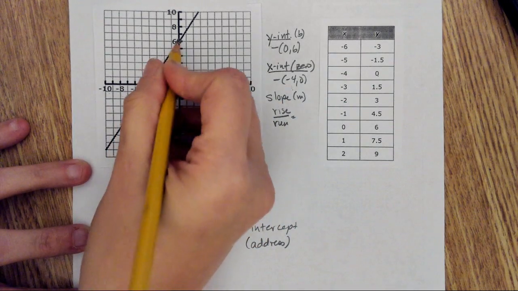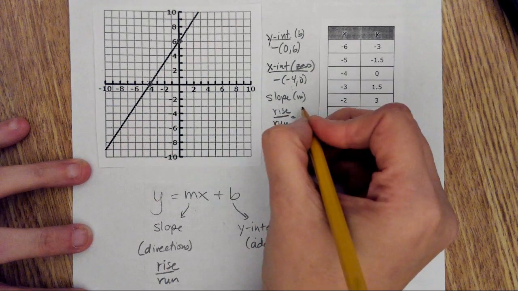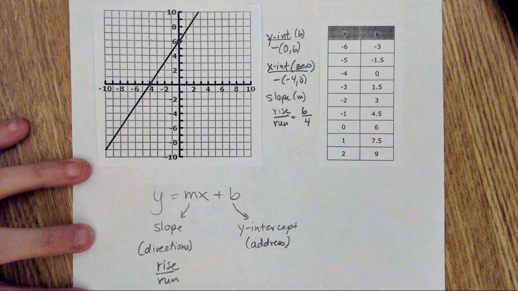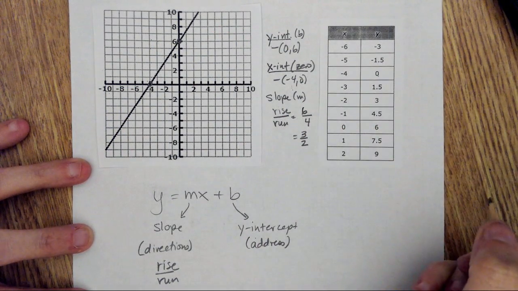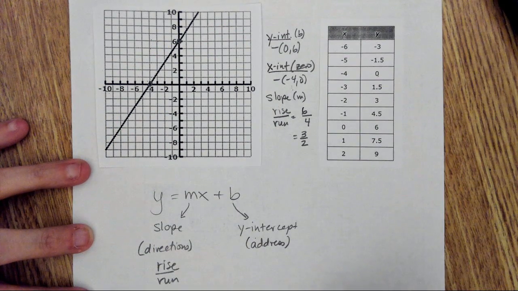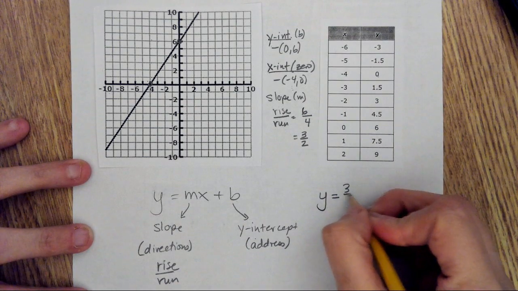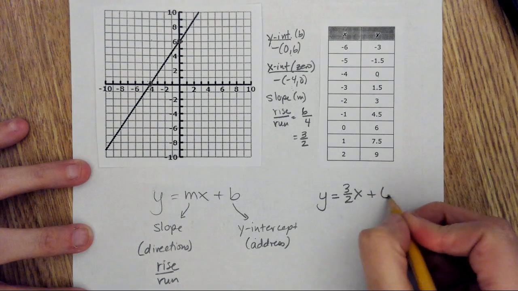To get from this point to the other one, I'm going to rise 1, 2, 3, 4, 5, 6, and run 1, 2, 3, 4. So 6 over 4. We can reduce that to 3 over 2, which is the slope we would use for this equation. Now if I want to write this in slope-intercept form, I would write y equals 3 halves x plus my y-intercept, 6.